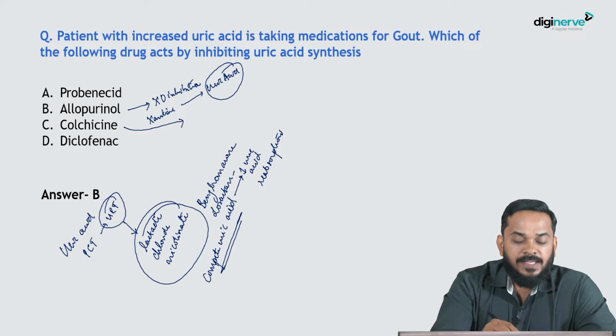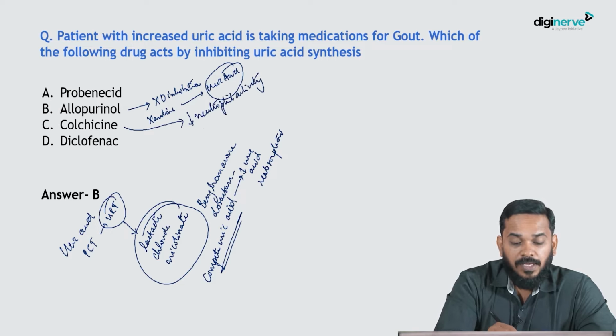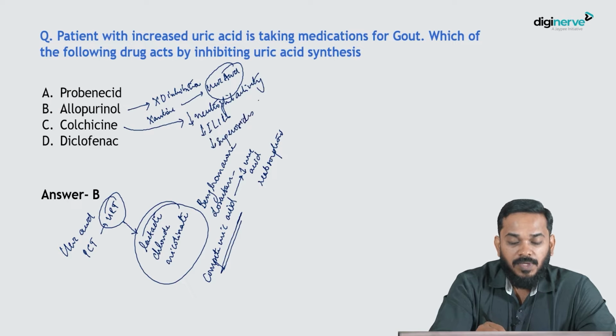Colchicine is an anti-inflammatory agent. It reduces neutrophil activity. It reduces interleukin 1 and 6 and reduces superoxides, thereby improving symptoms of gout.